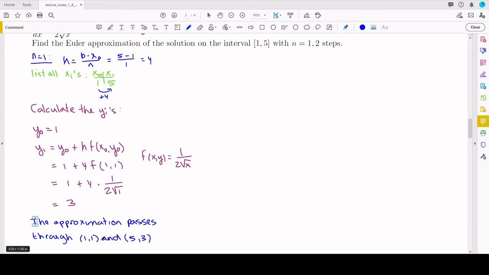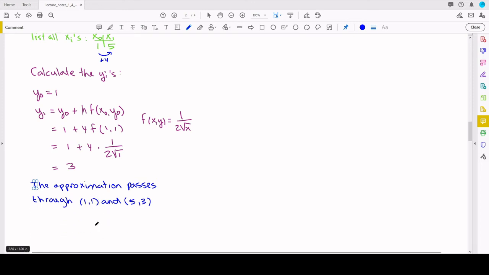And if you'd like to, you could just connect those 2 points up with a straight line as the solution. So this is x naught, y naught, and this is x1, y1.